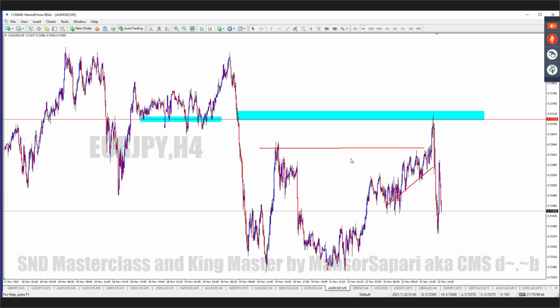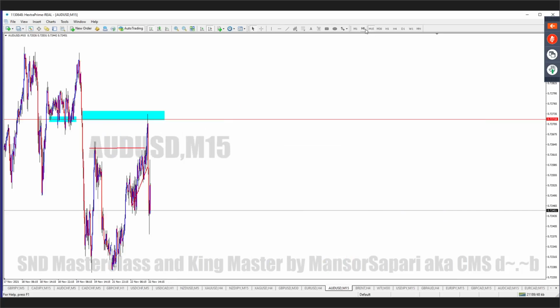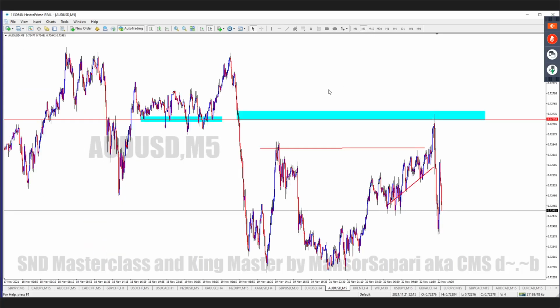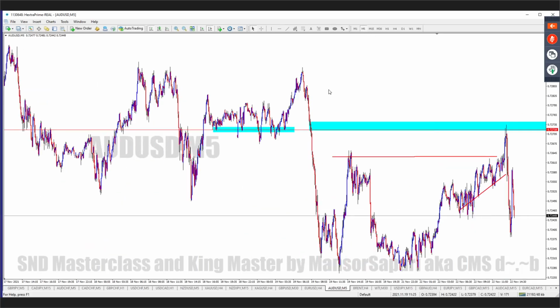Okay, Winnie. Actually, you can use any pair. If you want a faster one, use gold. But gold is too fast. You can use a slower one. There are a lot of slow pairs. I would suggest a slow pair, like the USD CHF.